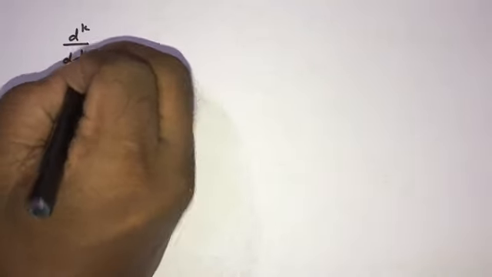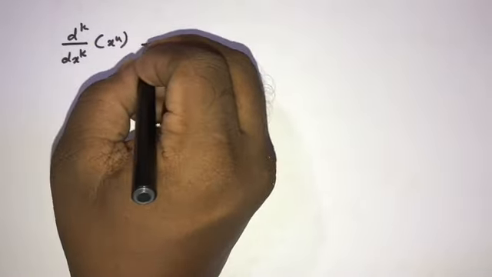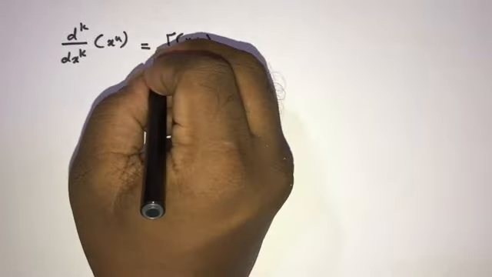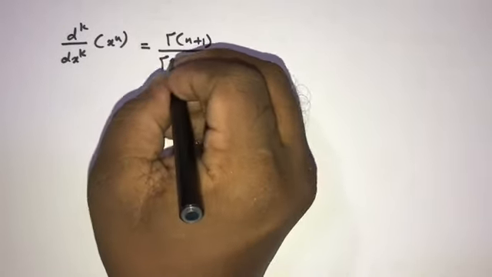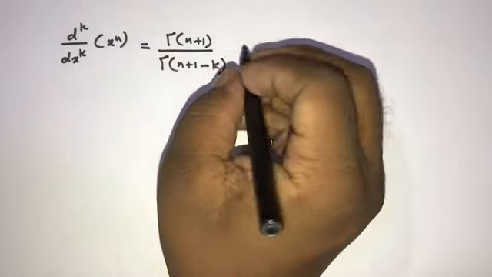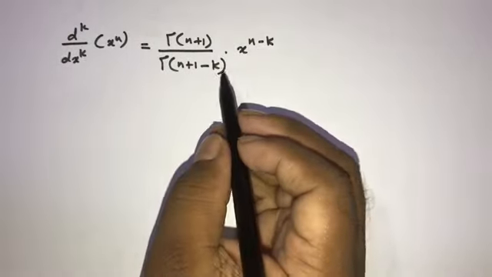Okay, we proved a general formula, which I write here: d^k over dx^k of x to the n is equal to gamma of n plus 1 over gamma of n plus 1 minus k, times x to the n minus k.